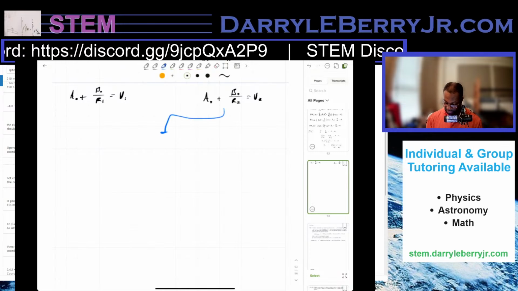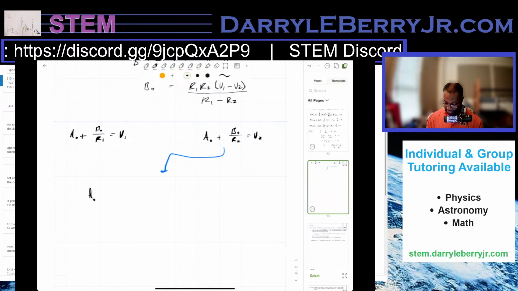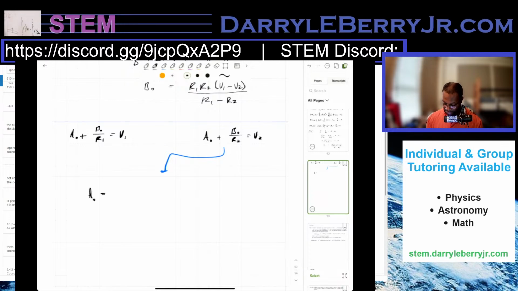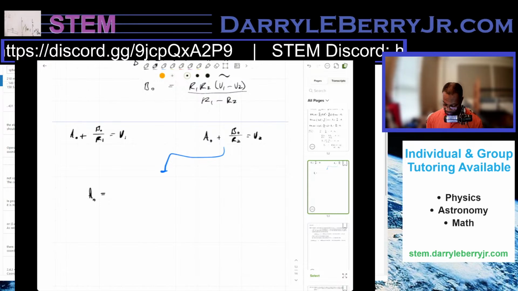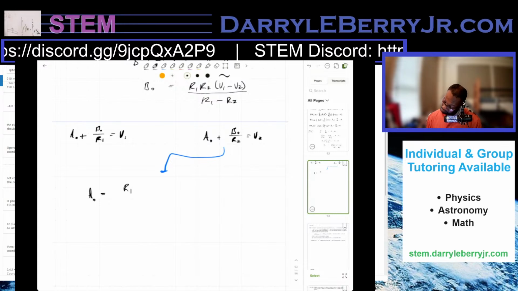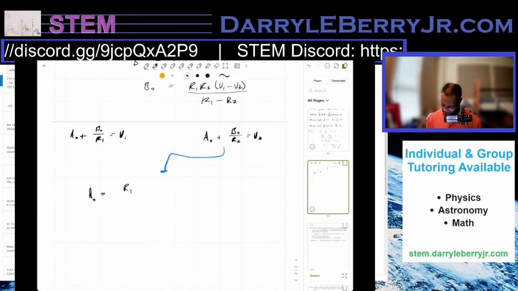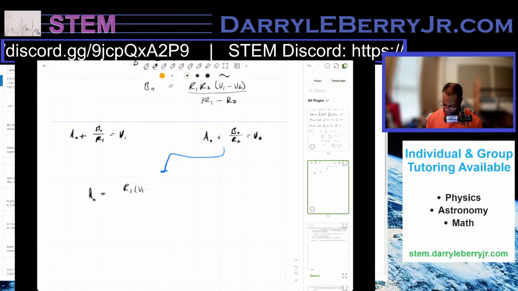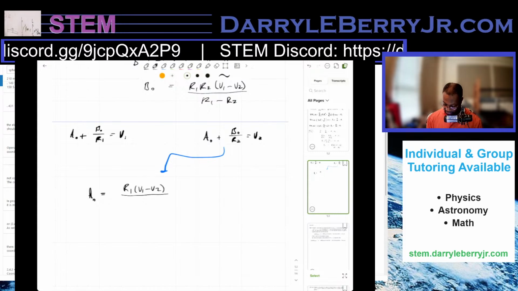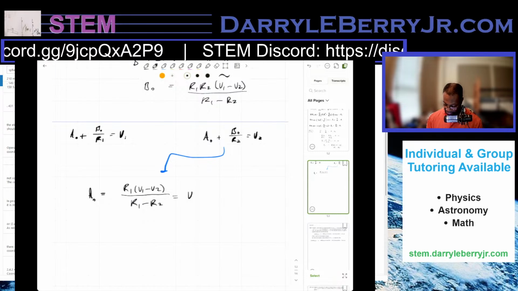I'm going to use this one, and that'll be A naught equals R1 V2 over R1 minus R2. That equals V2.